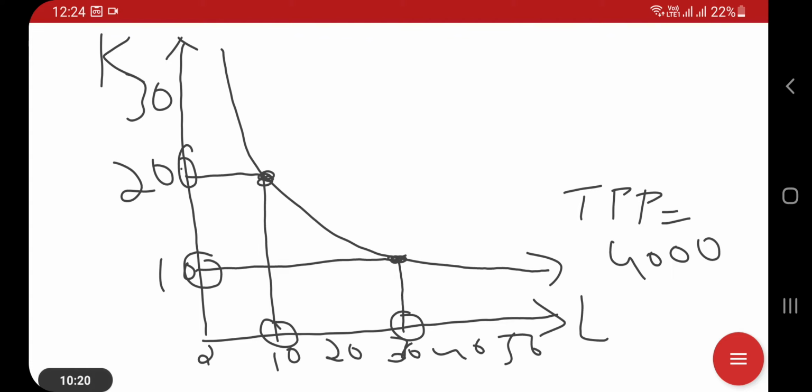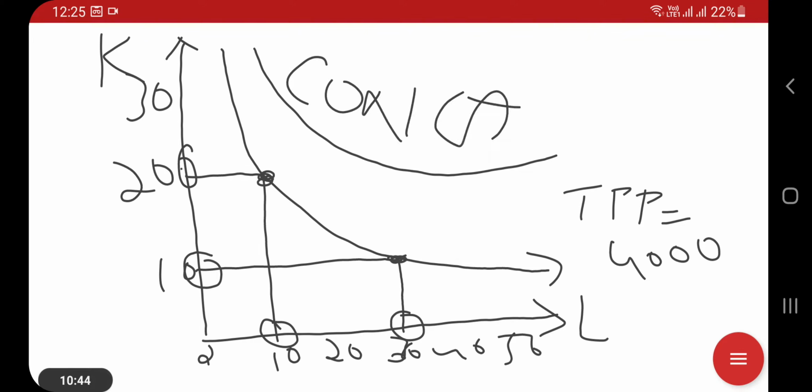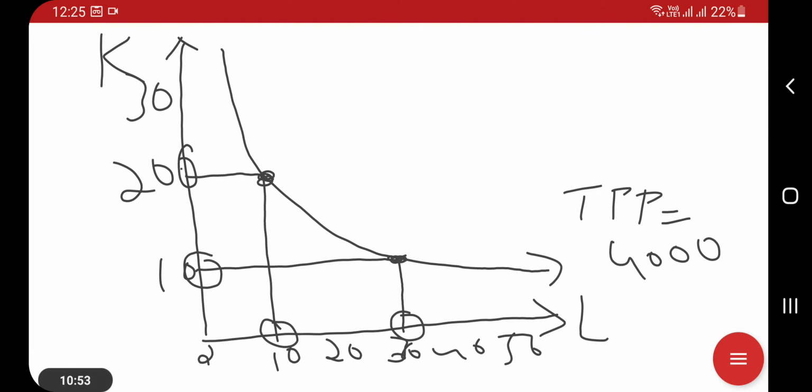In this graph, the isoquant shows all combinations of labor and capital that can produce a total physical product. An isoquant is usually shaped concave. Concave means like this.